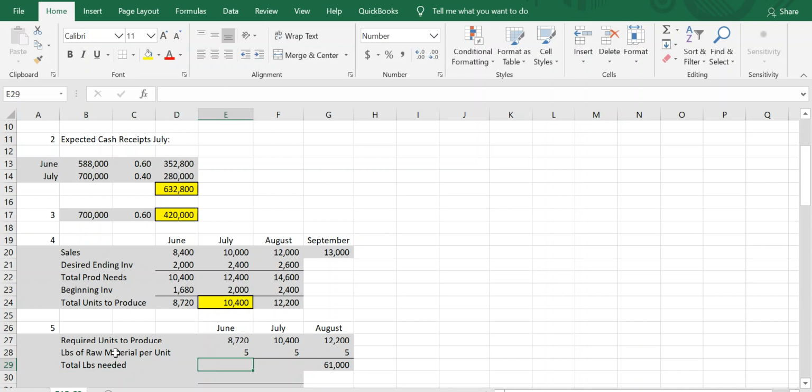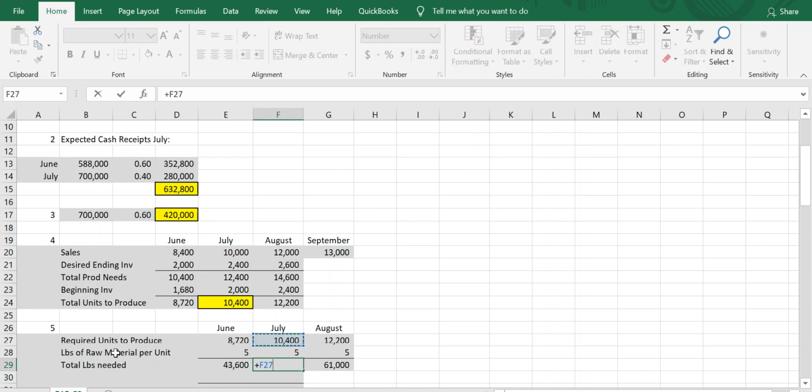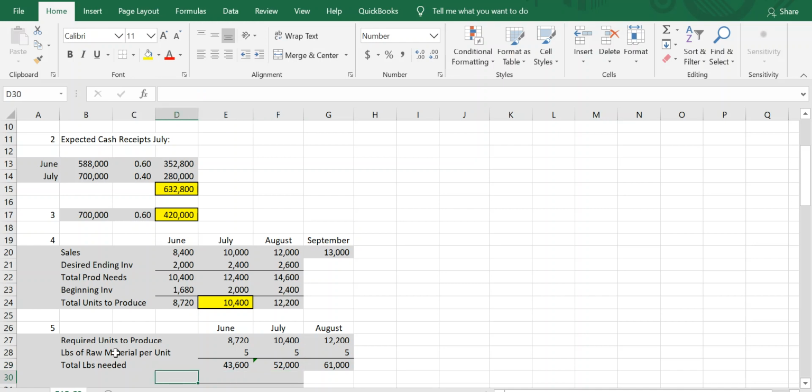So this is going to be that times 5 for June. We have 10,400 times 5 for July. So we have the total pounds needed in June, July, and August laid out here, at least before we consider the desired ending inventory.